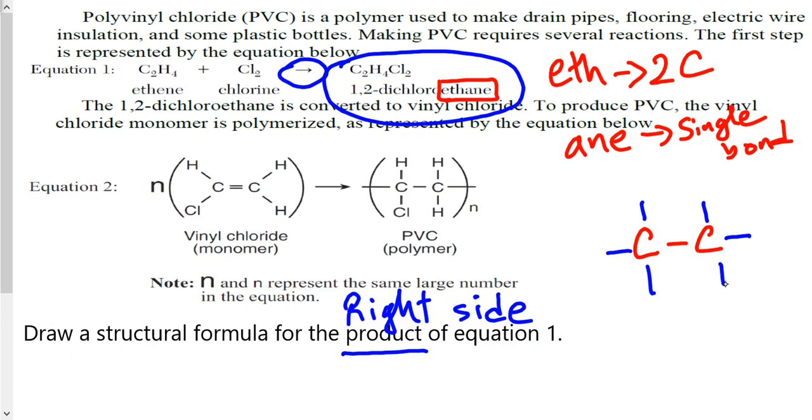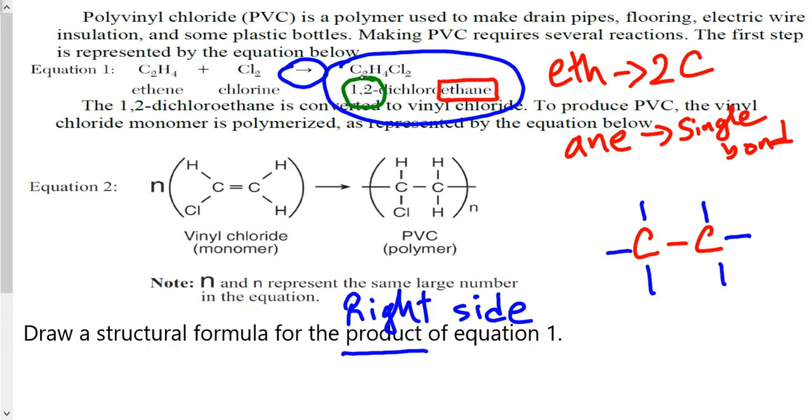In this case, we have 1-2, meaning in our first carbon and in our second carbon, we have an additional group. If you're counting from left to right or right to left, it doesn't matter because we only have 2 carbons.